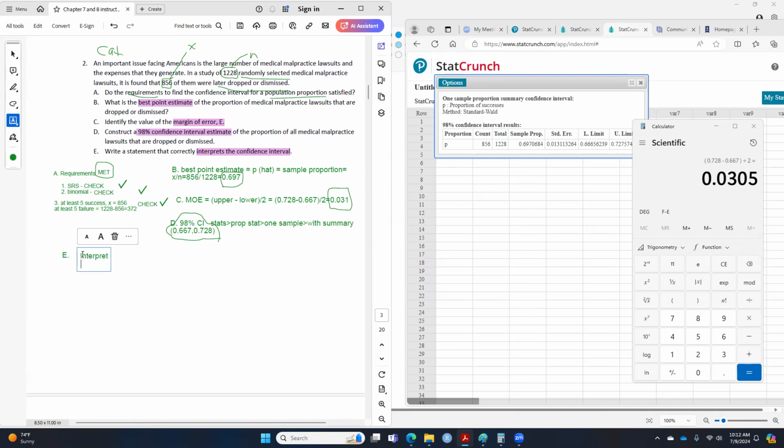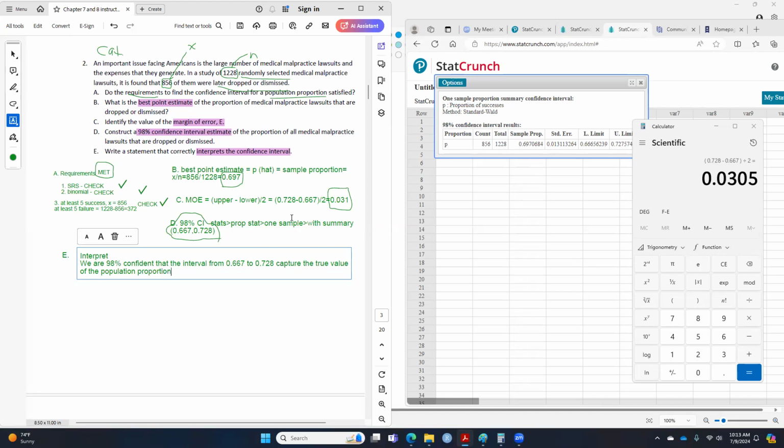All right, so the interpretation says that we are 98% confident that the interval from 0.667 to 0.728, which again, these two numbers came from your lower and upper, captures the true value of the population proportion.